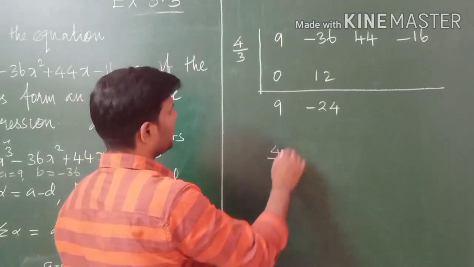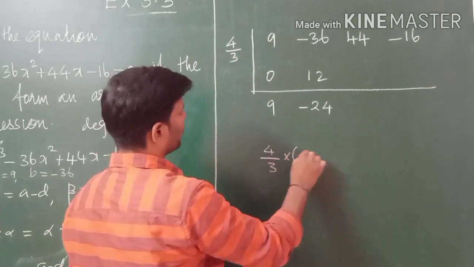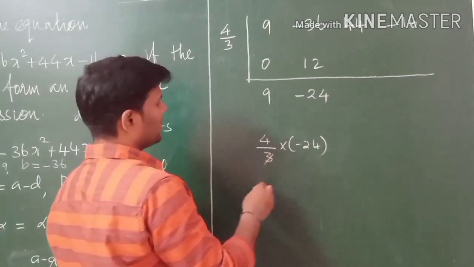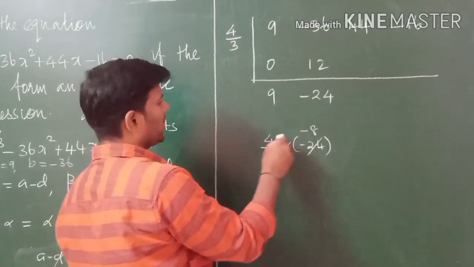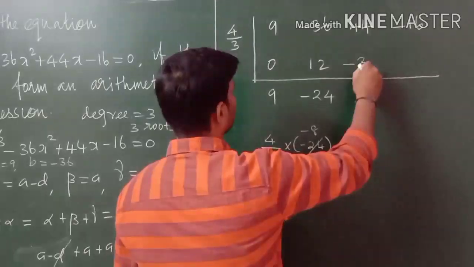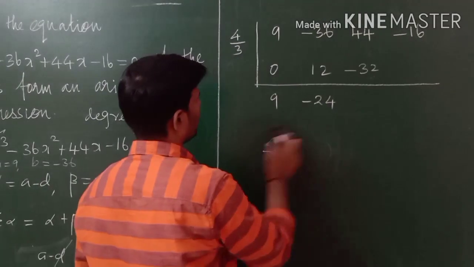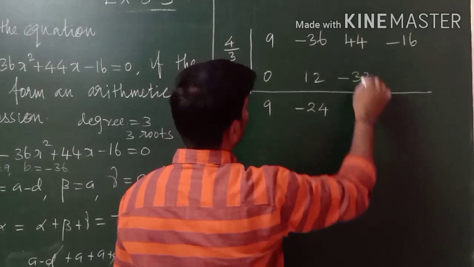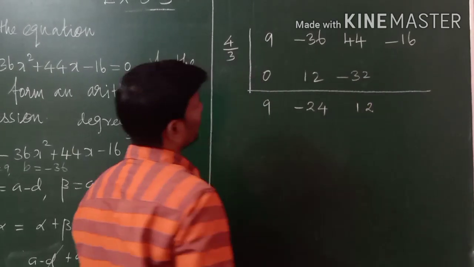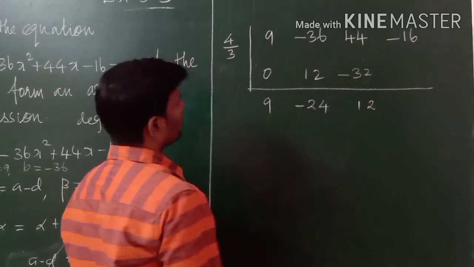So 4 by 3 into minus 24: 1 3 is 3, 8 3s are 24, so 4 into minus 8, minus 32. And next, 44 minus 32 is 12.